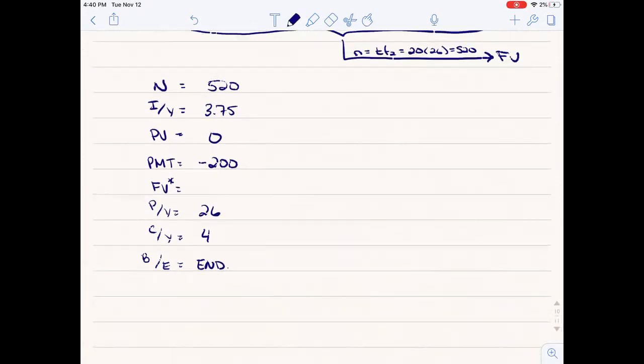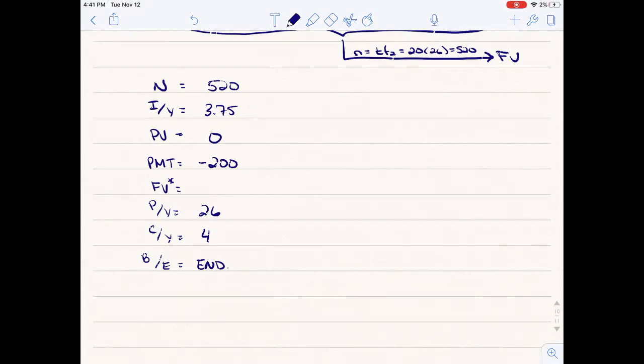So if I plug these in: 520 into N, 3.75 into the interest per year, 0 for the present value, negative 200 into the payment. Skipping the future value, I'll come back to it to calculate it. The payments per year is going to be 26, enter.